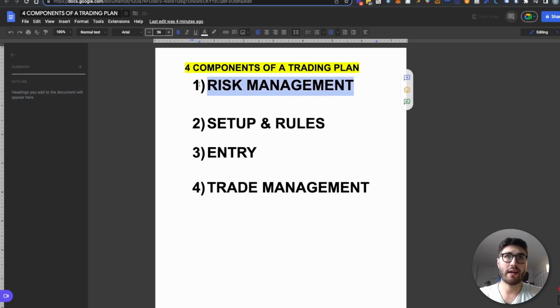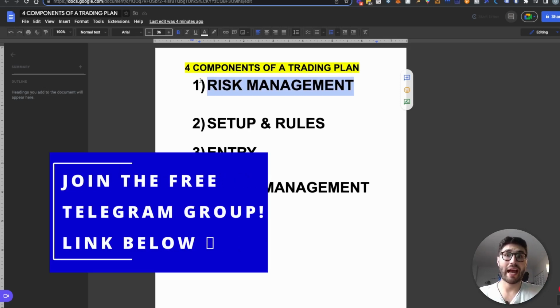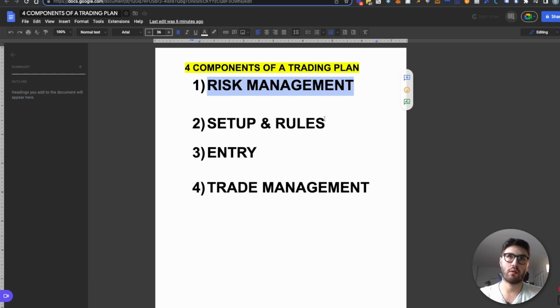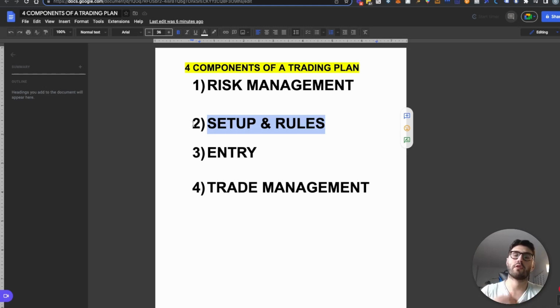So number 1 is risk management. With that, you understand how much you are willing to lose on your account if things don't go your way. Then we have the setup and rules, right? What are the things that you are looking for in order to enter that trade or that position at that given time? And then number 3 is the entry.